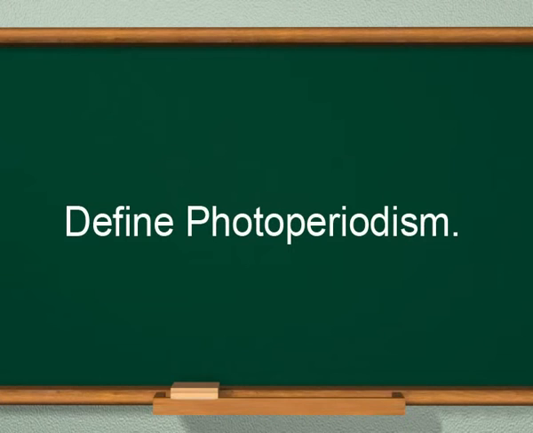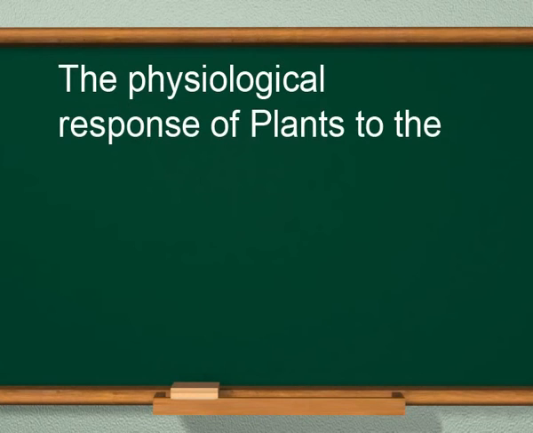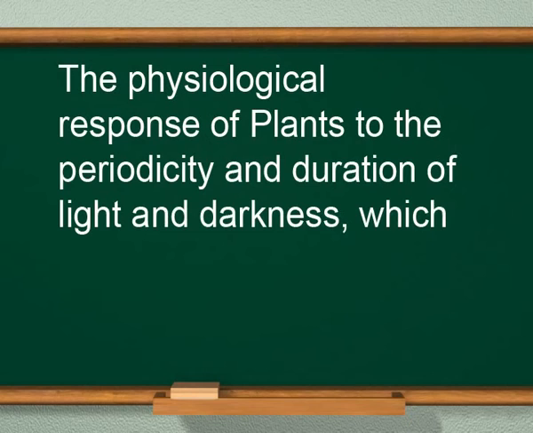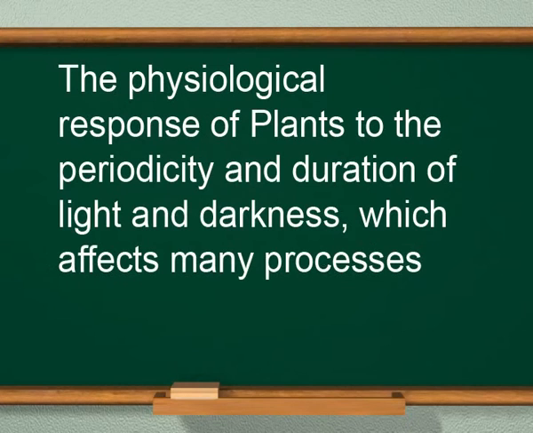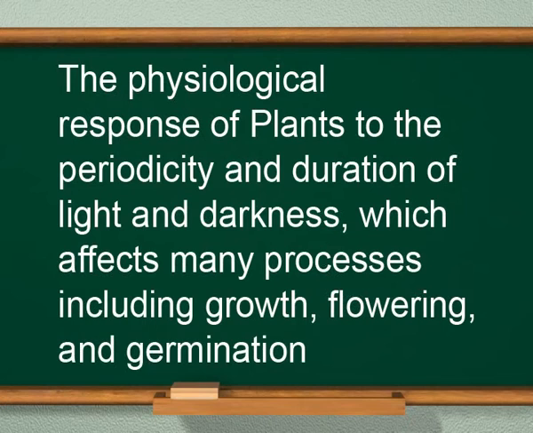Define photoperiodism. Answer. The physiological response of a plant to the periodicity and duration of light and darkness, which affects many processes including growth, flowering and germination, is known as photoperiodism.